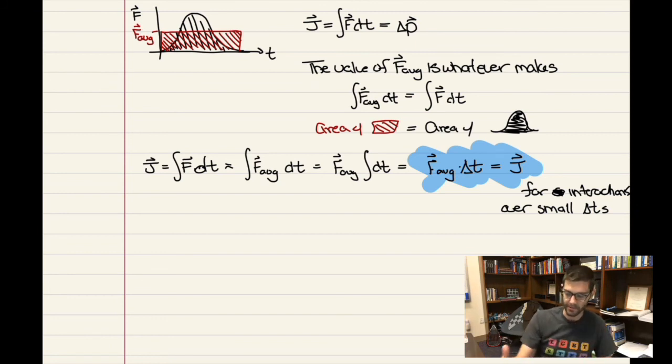If this is occurring over long periods of time, you have to make sure it's valid to call the force an average force. Or maybe you want to calculate what is the overall average force. Maybe that's still useful. I don't know.